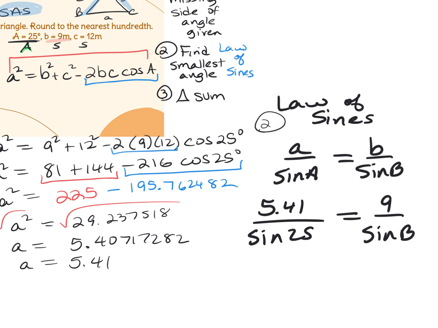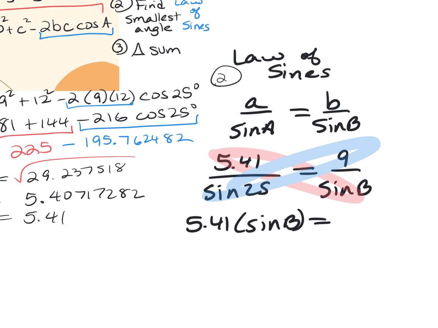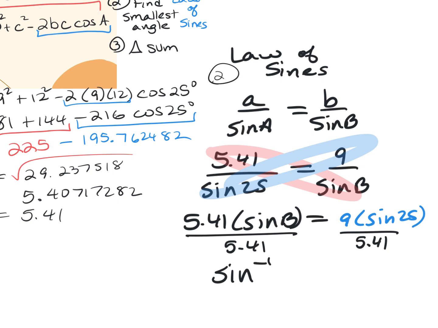So now I'm going to cross multiply. Once I cross multiply, I get 5.41 times the sine of B is equal to 9 times the sine of 25. And then I have to divide by 5.41. Remember, when we're looking for the angle, it'll be inverse after I get this decimal.